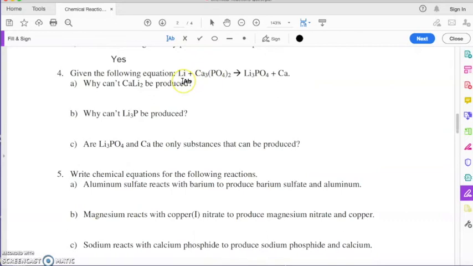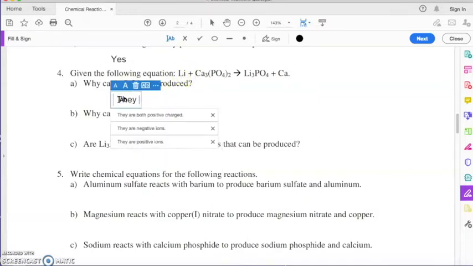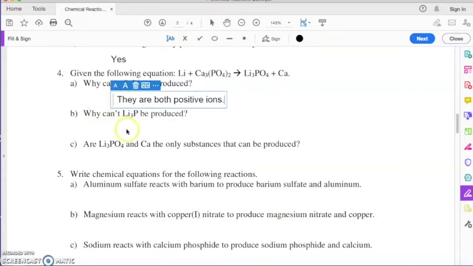Here's another equation. You've got lithium and calcium phosphate to make lithium phosphate and calcium. Why can't Ca and Li make it? Because they are both positive ions. Positive ions don't make compounds. Why can't Li3P be produced?